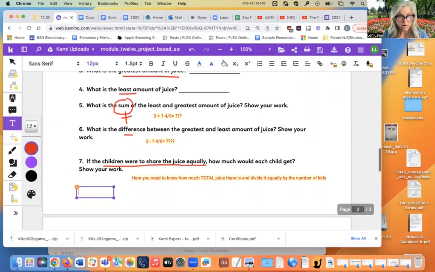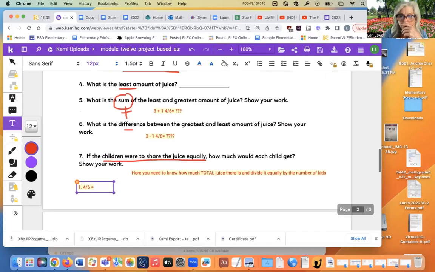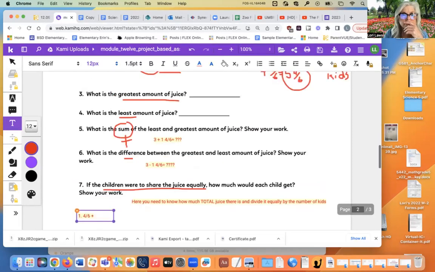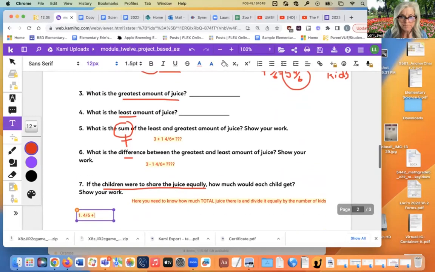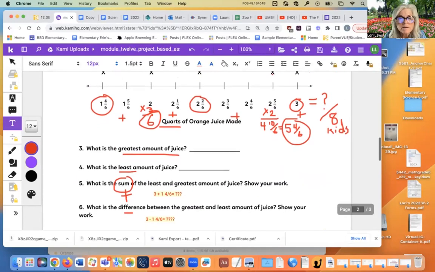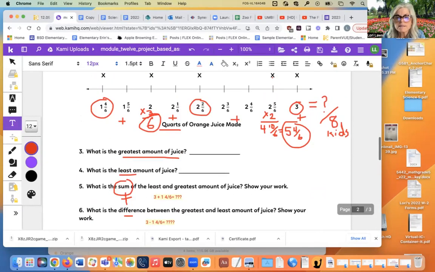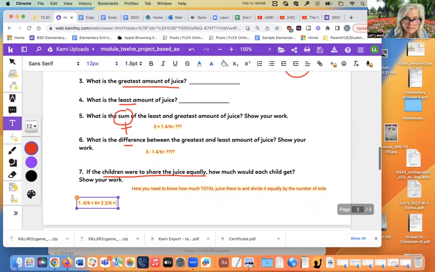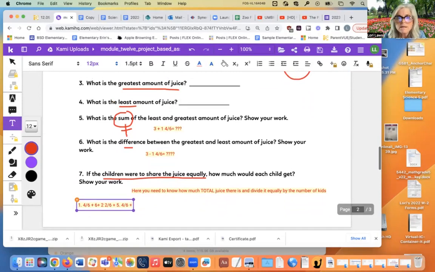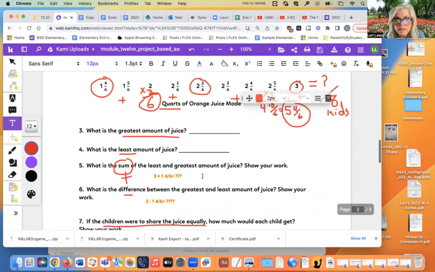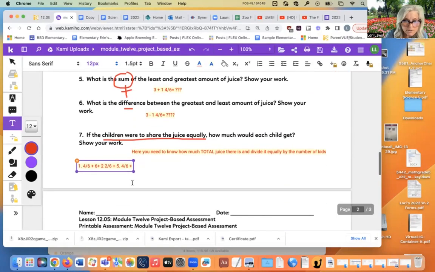Here we go. 1 and 4/6 plus, oops, not equal, plus, what's the next number? 6 plus 2 and 2/6 plus, what's next? 5 and 4/6 plus 3. Okay, that should be 5 numbers.